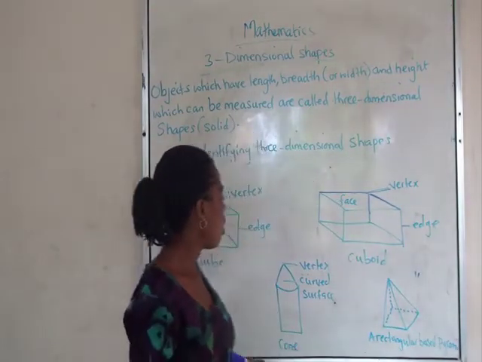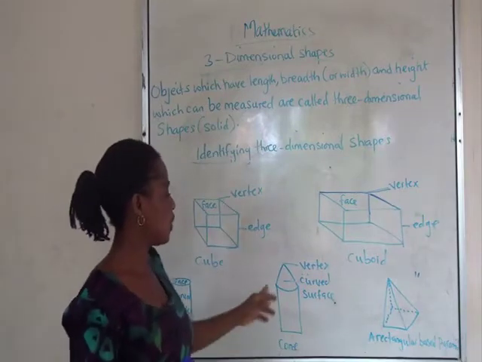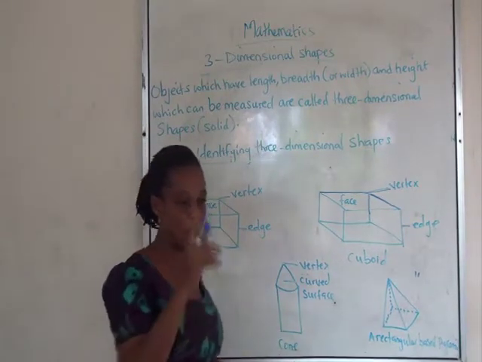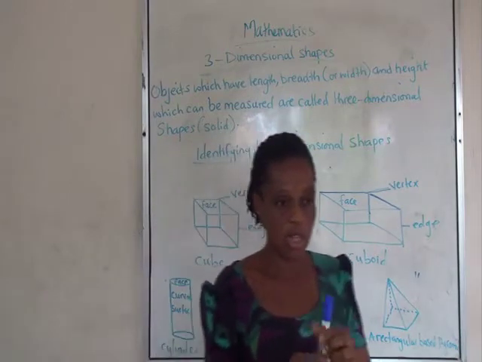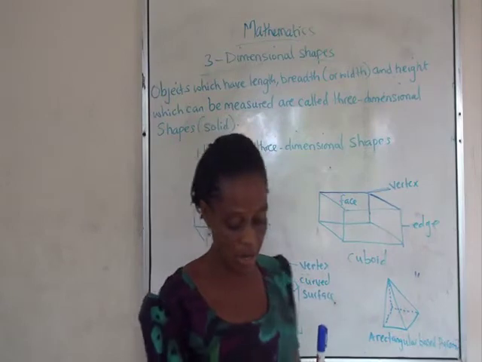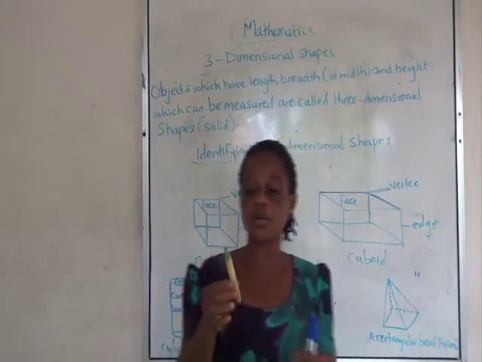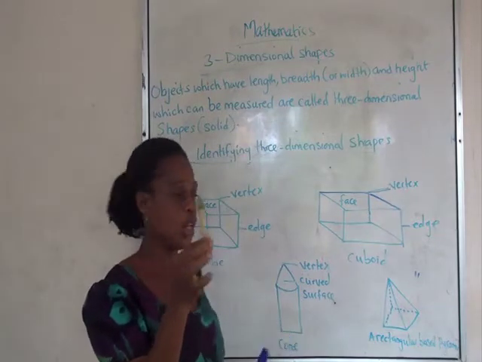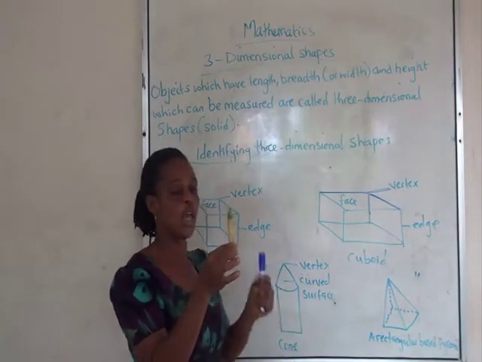Another three-dimensional shape is a cone. Example of a cone is your pencil. The sharpened, pointed end of your pencil is a cone. This is a crayon I'm holding. This shape is called a cone.